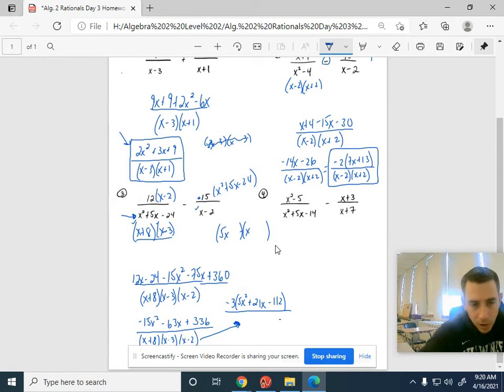That wouldn't give me 21. If I put a 14 here and an 8 there, that's not going to give me 21. So you know what? I don't think this is going to be factorable, unless I'm missing something. But I can't think of one off the top of my head. I think I went through them all.